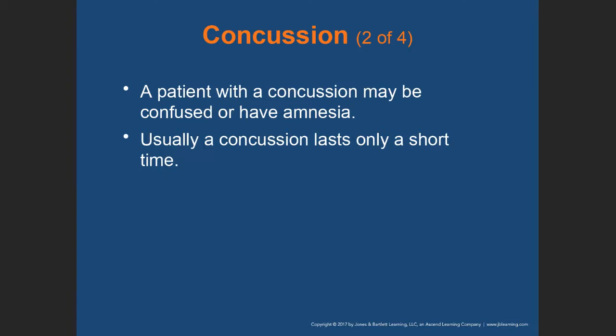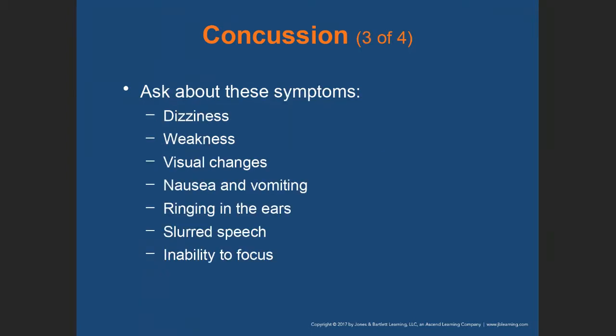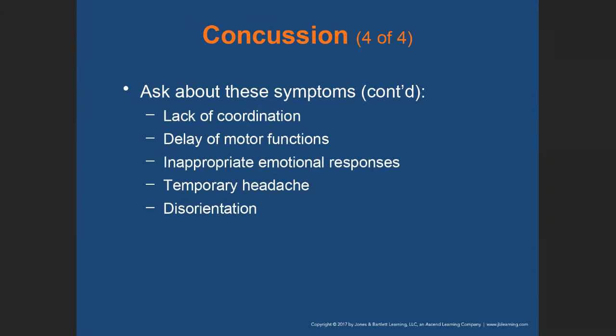All right, so a patient with a concussion may be confused or have amnesia. Usually a concussion lasts only a short time. Now ask about these symptoms: dizziness, weakness, visual changes, nausea and vomiting, ringing in the ears, slurred speech, inability to focus. All of these are associated with concussion.